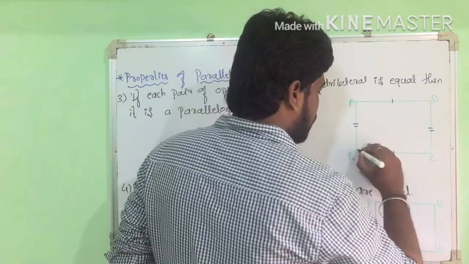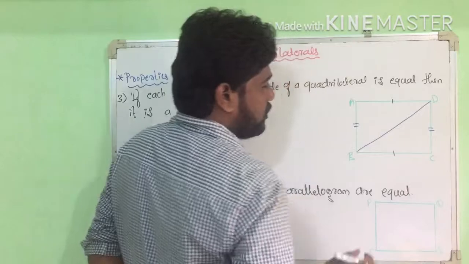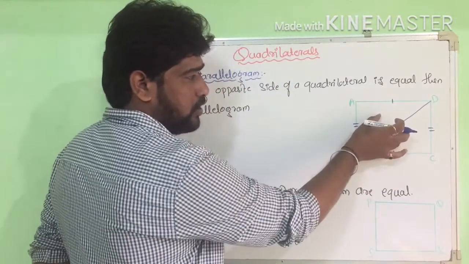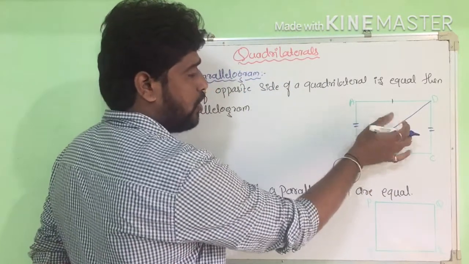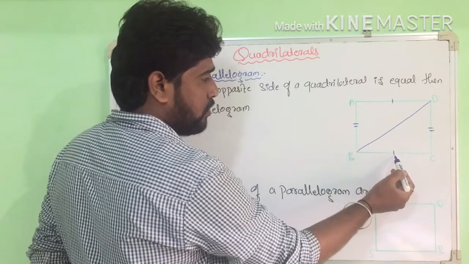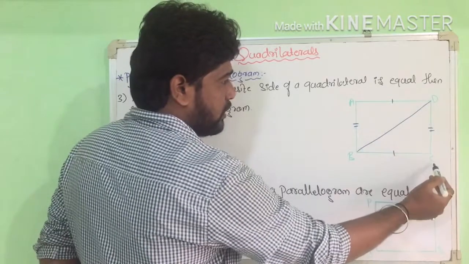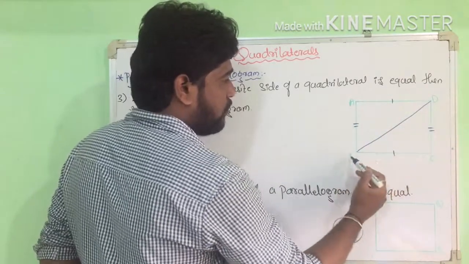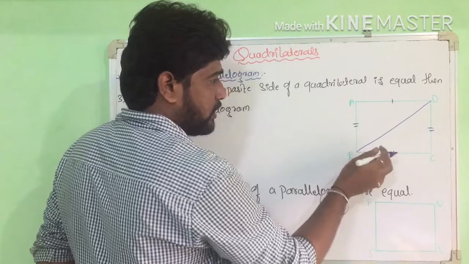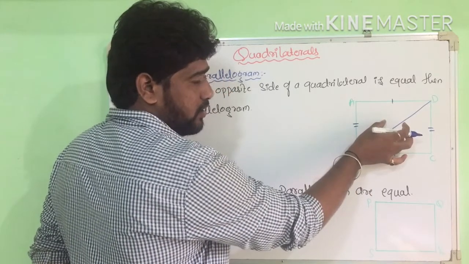So here we will draw a diagonal. So here are two triangles. These two triangles are congruent because AB is equal to DC and AD is equal to BC and BD is a common side. So these two triangles are congruent to each other by SSS rule, right?